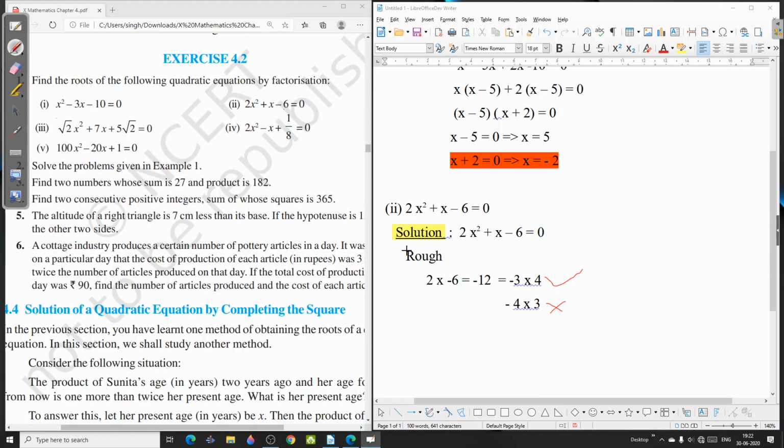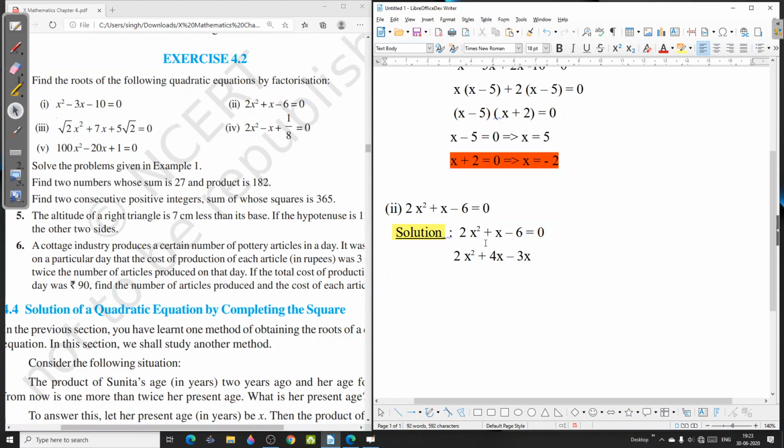So this is our rough work as I told you. We'll erase this portion and now rewrite this one: 2x square, then as I told you, plus 1x has to be written as plus 4x minus 3x.